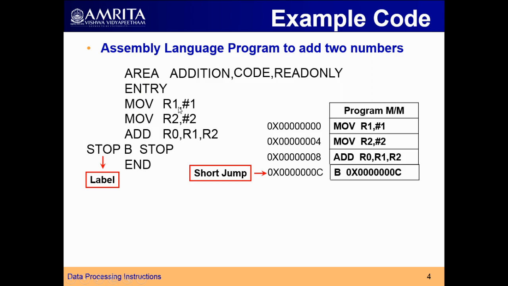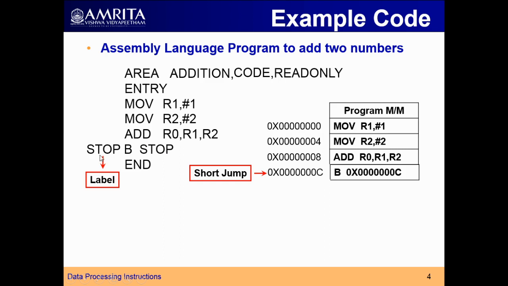Then you are writing MOV R1, #1. That means the immediate data 1 you are moving to R1. Then similarly you are moving 2 to R2. Then you are adding R1 and R2, and the result you are storing back to R0. Now after writing all the statements, you are writing a short jump, right?